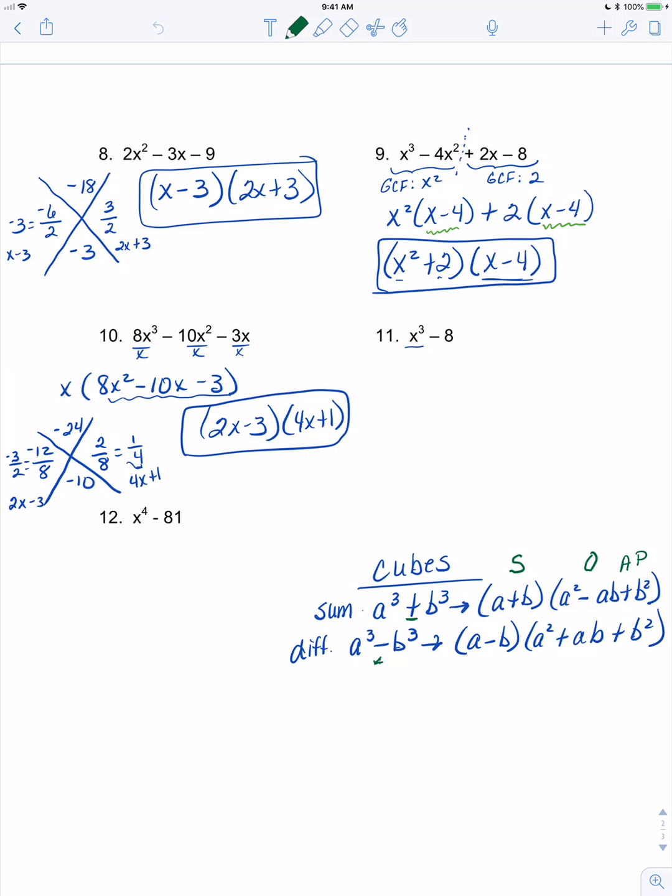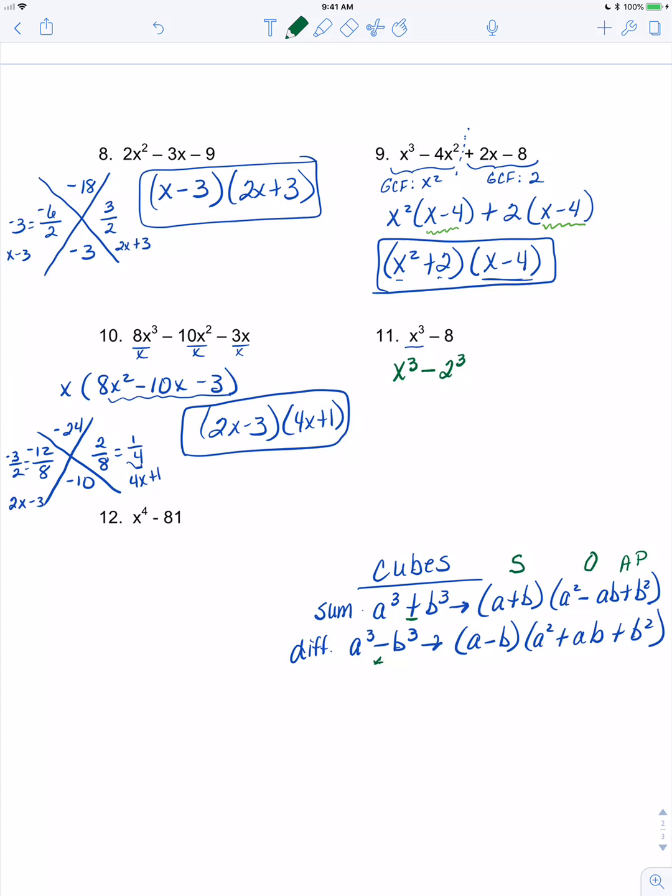That's how we remember it. Well, the one we're looking at here is x cubed minus 2 cubed. So 2 cubed is 8. In that instance, A is your x and B is your 2.